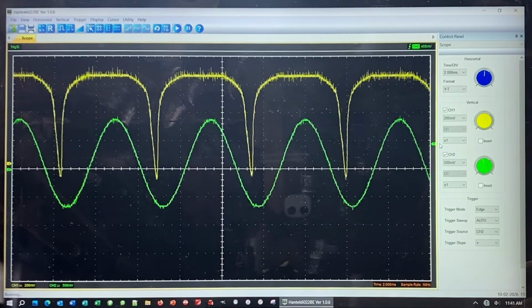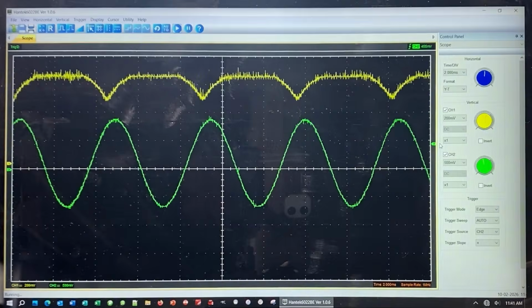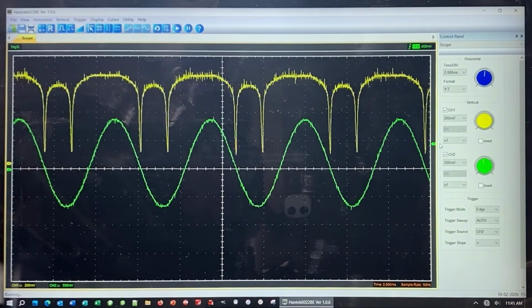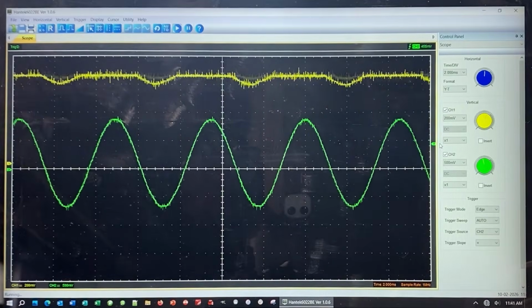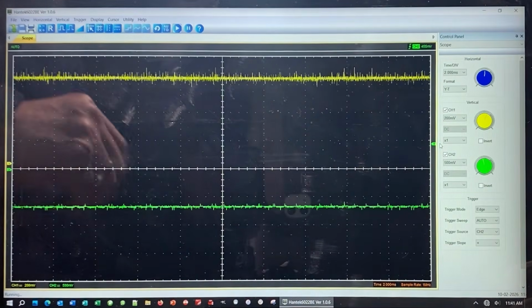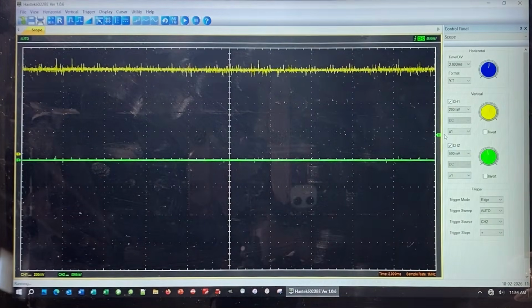Listen to what happens to the output as I sweep past this. All right, let's try that with a guitar signal. All right, so I've got the guitar plugged in.